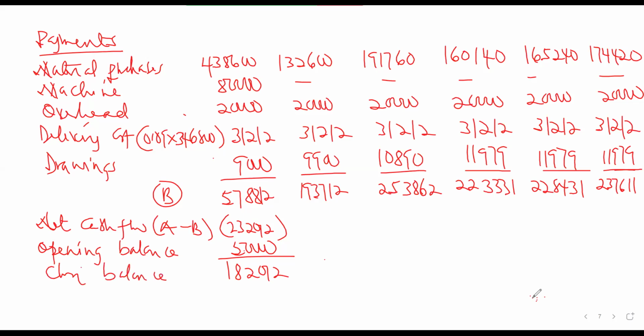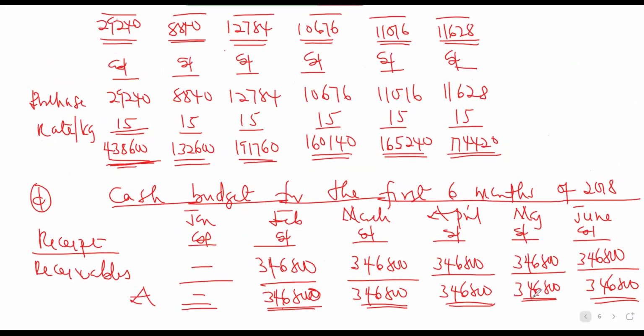This will become the opening balance for the next month, so this will be negative 182,012. Please, where did you get the net cash flow for January? Is there a difference between receipt and payment?